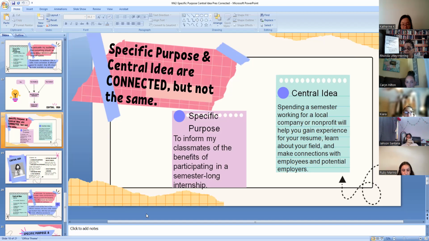All the information that you obtain during your research, you're not going to use, because you're going to find that it doesn't really fit. So don't try to fit it where it doesn't. After you've done that research, you know exactly what you want to talk about, then you can go back and tweak that central idea to something like this as your written central idea.